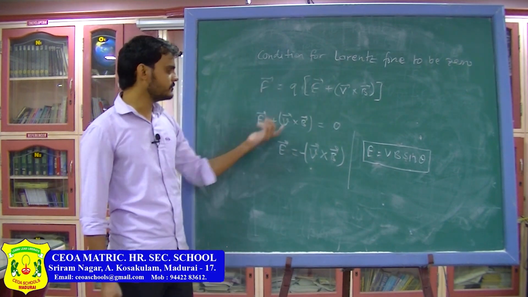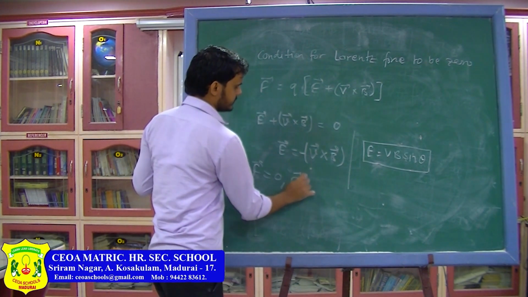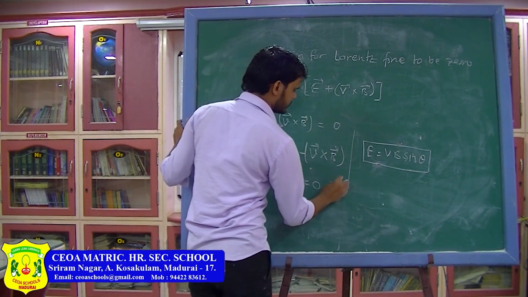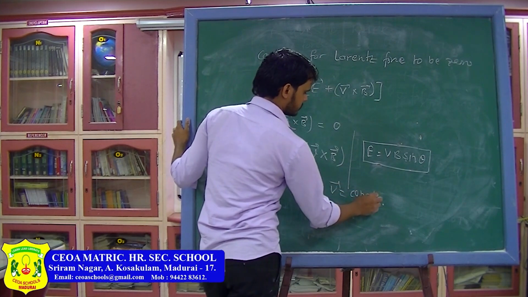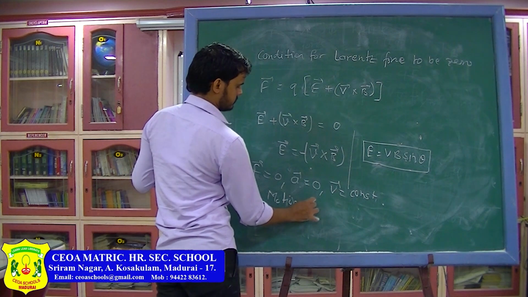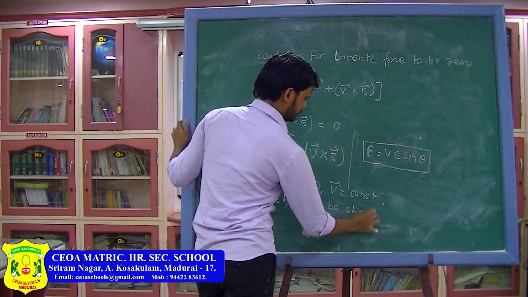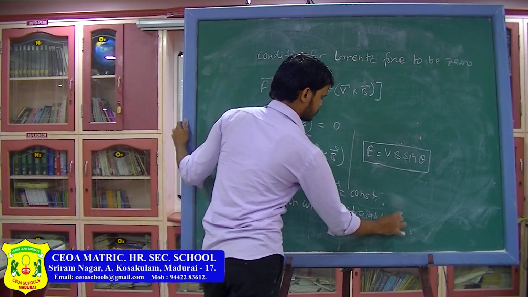If the total force is 0, then acceleration will be 0, which means velocity will be constant and the motion will be in a straight line.